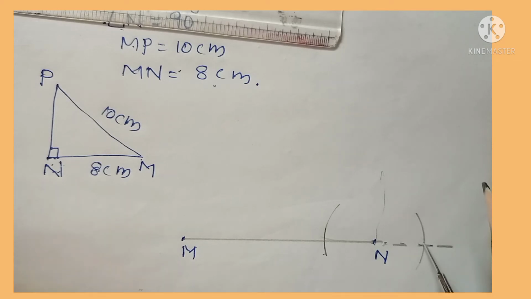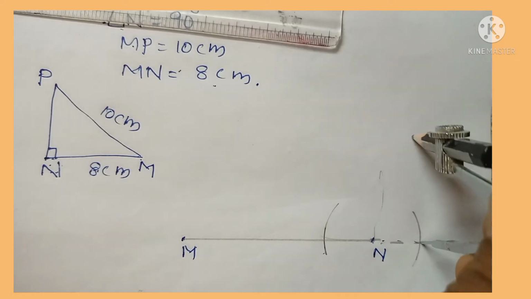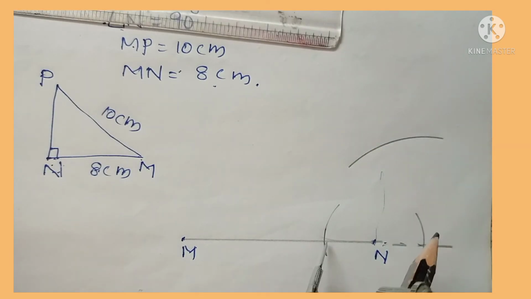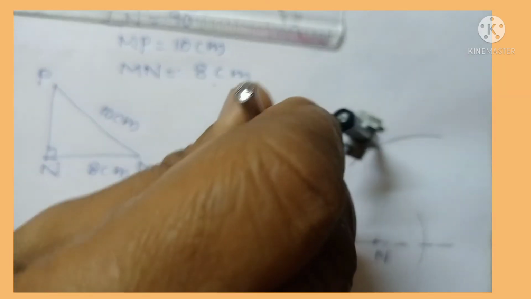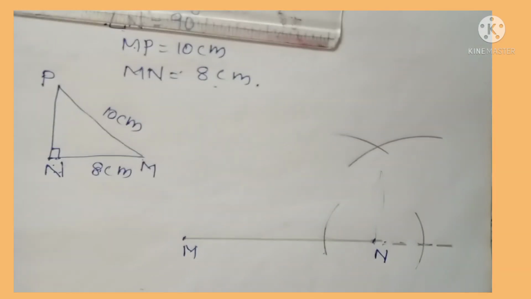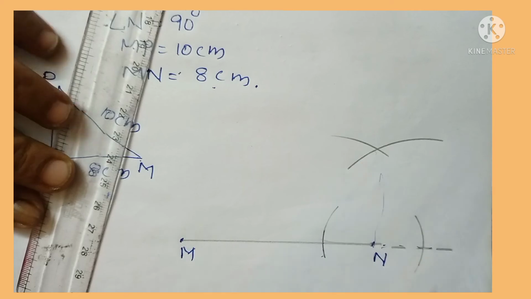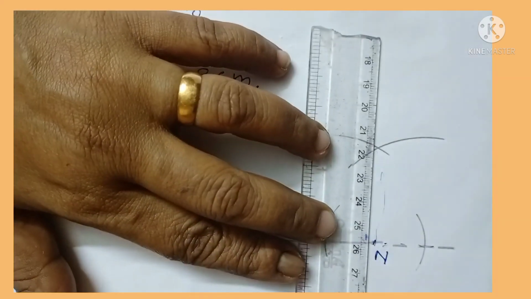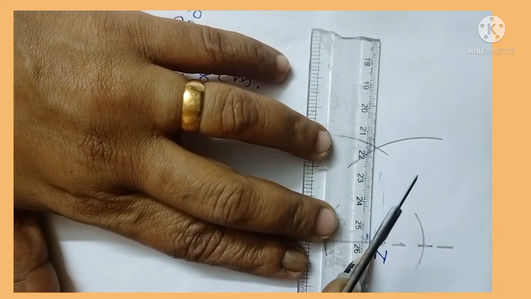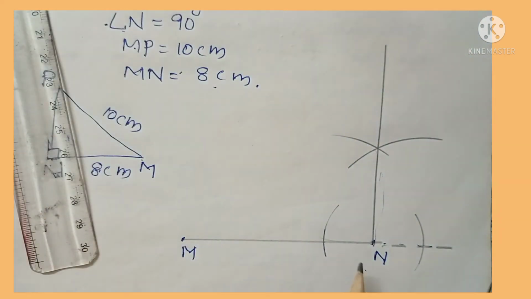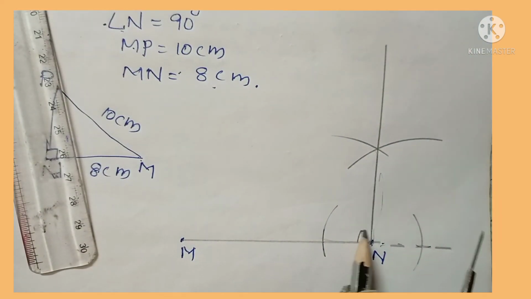Then from this point again I want to draw one arc. Then from the other point also I draw another arc. Then these two arcs join at a point. Then draw the perpendicular. Then we get angle N is 90 degree.